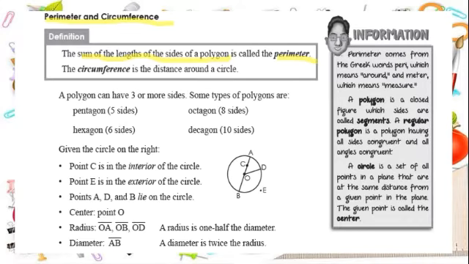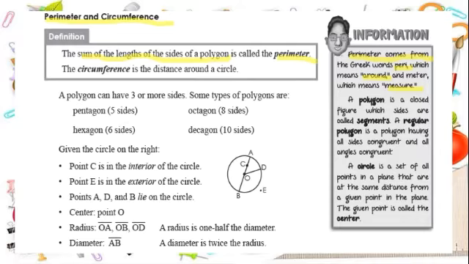Perimeter comes from the Greek words peri, which means around, and meter, which means measure. So perimeter is around measure, or you measure its sides, its surroundings.